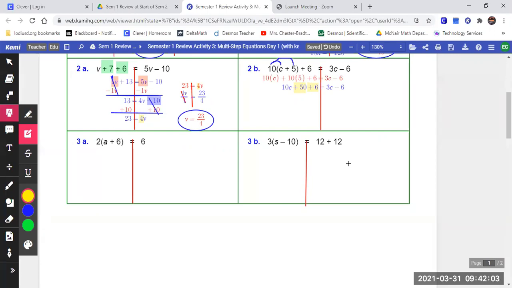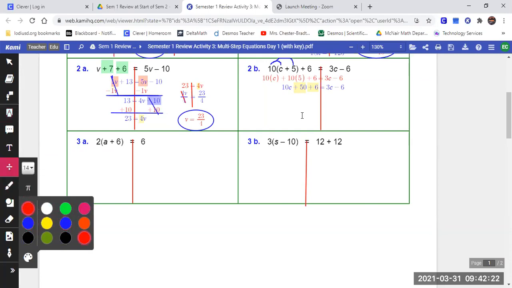So you cannot start with big zeros and big ones until you have combined your like terms. Distribution, combine like terms, then big zero, then big one. That's what we learned. So we have to combine our like terms and simplify the left side.